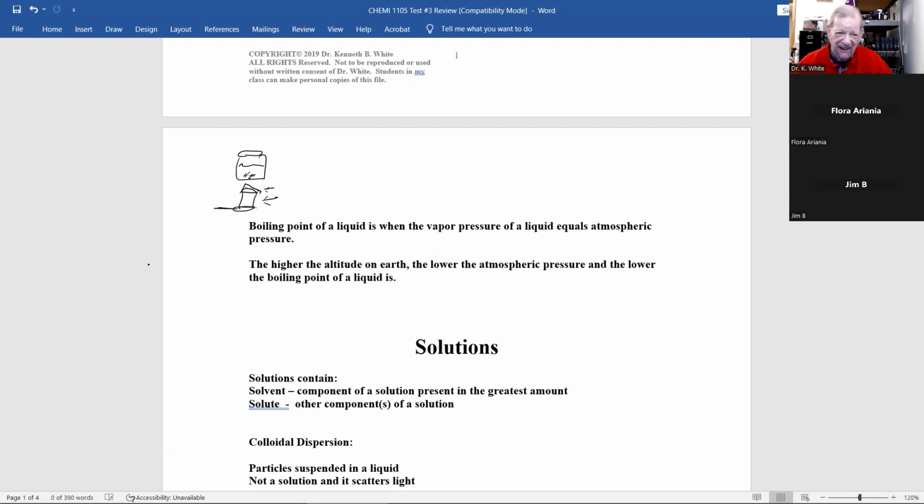I told you I'm not an artist. Eventually, you'll see bubbles form and they rise to the surface. And those bubbles are water vapor, water in a gas phase. And any gas has a pressure, and when that pressure equals the atmospheric pressure, the temperature of the liquid is the boiling point.